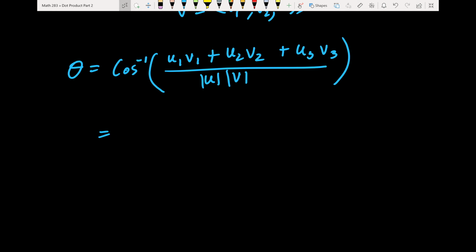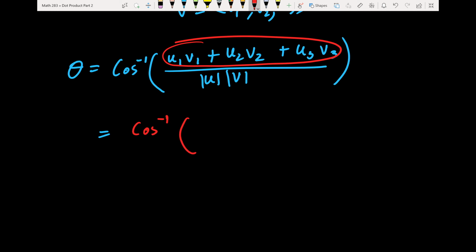Another way of writing it, what does this top part look like? It's a dot product. You're going to see this over and over and over again. Okay? Good.